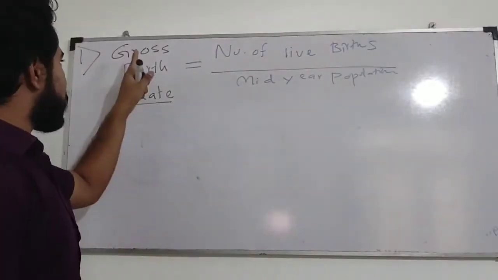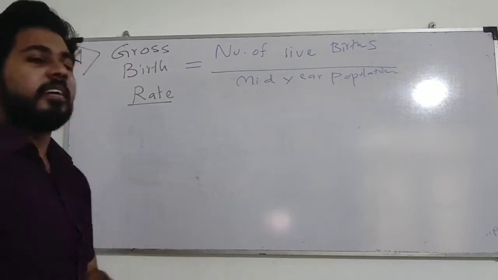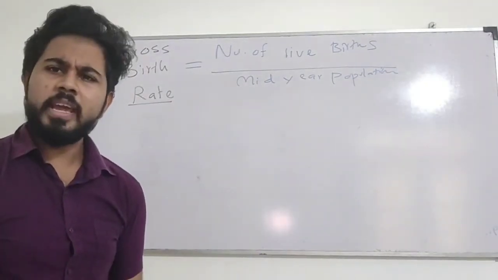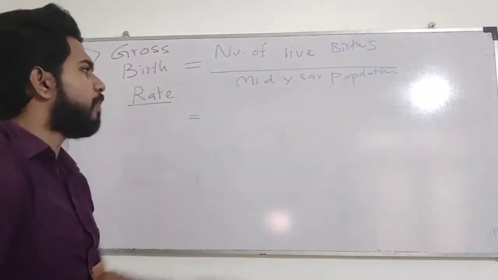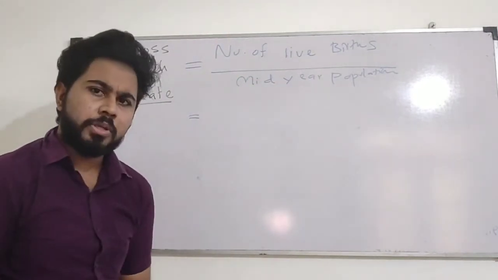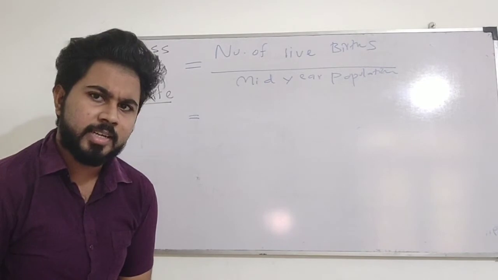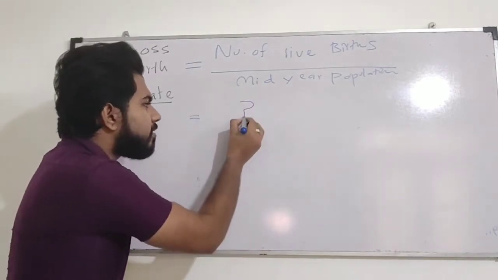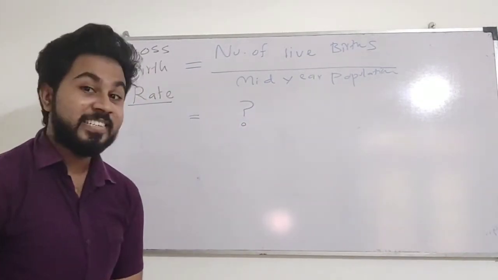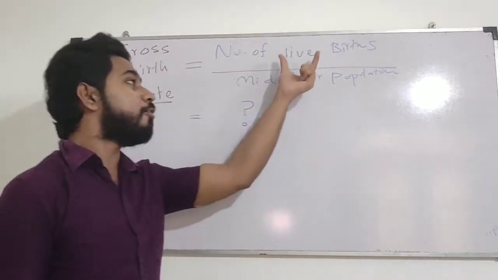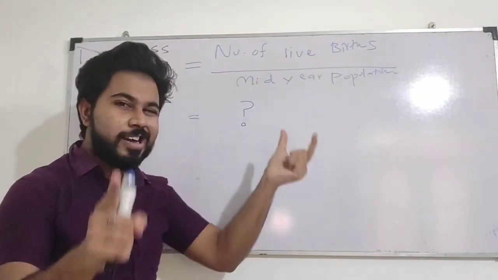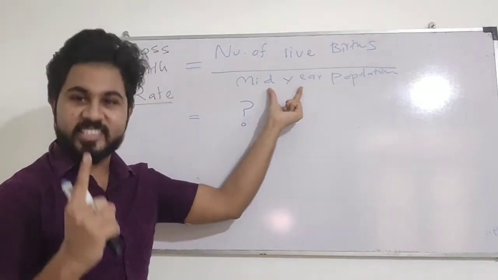This is what we call gross birth rate simply. Suppose we have already divided the number of live births by the mid-year population. What is the meaning of the answer that we have taken here? Yes, that is how many live births occurred per person.